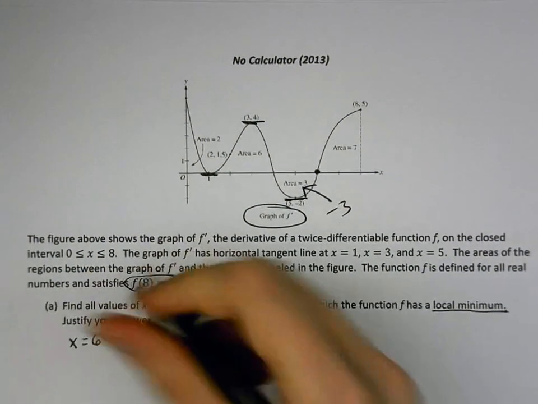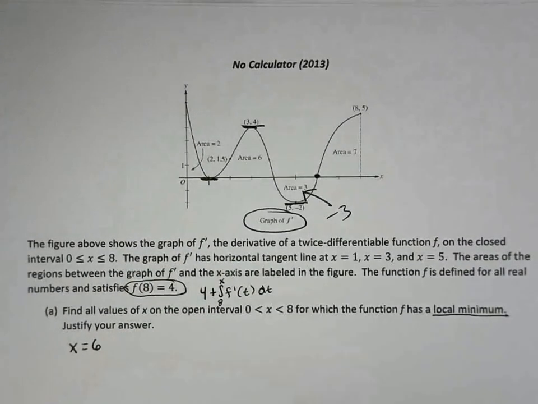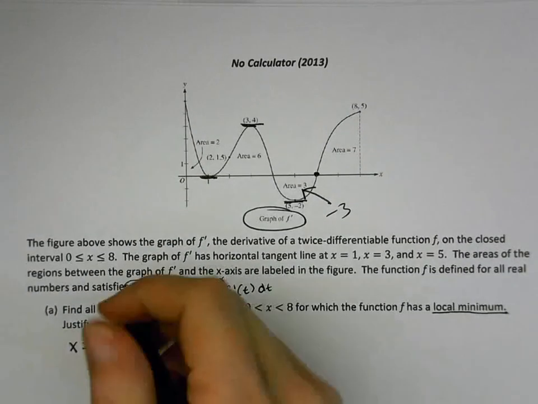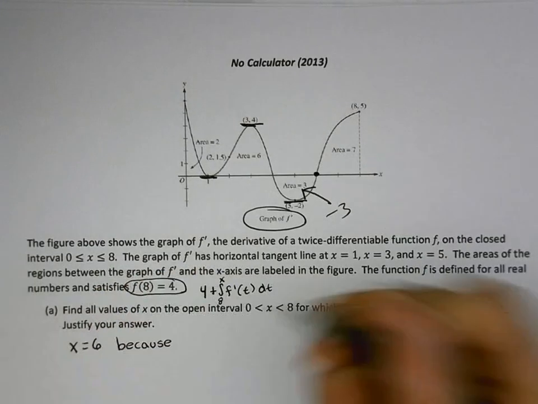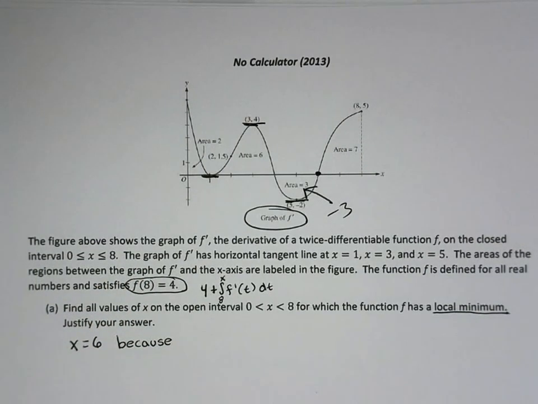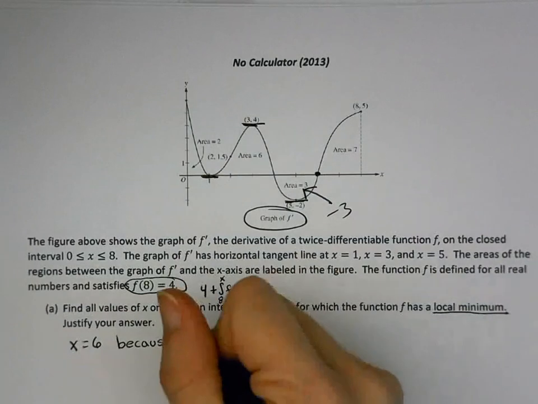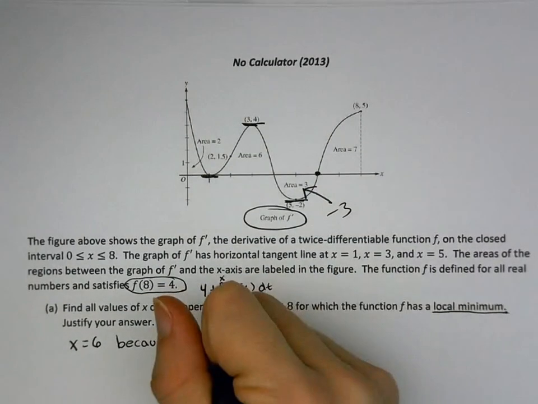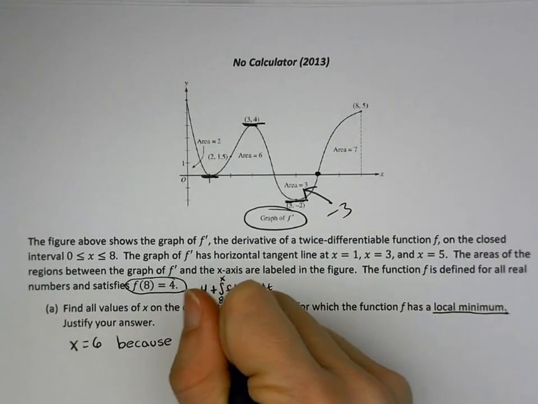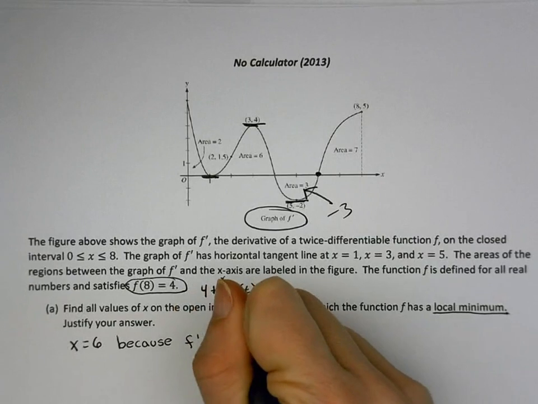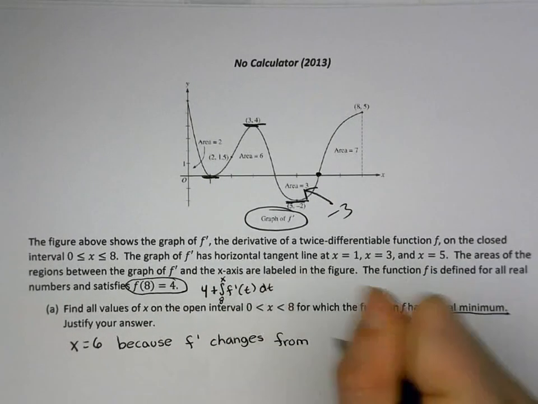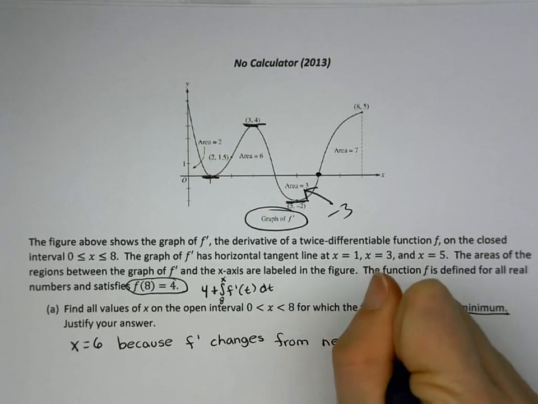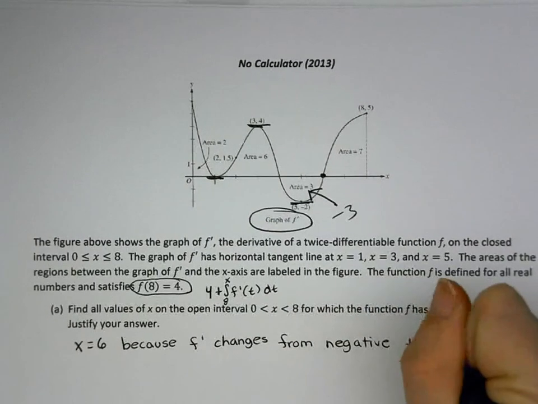And then justify your answer again. Justify could mean work. In this case, there's not really any work to show to support my answer, so I'm going to use words. Justify can be either one. Explain has to be words. Justify can be either. X equals 6 because f prime changes from negative to positive.